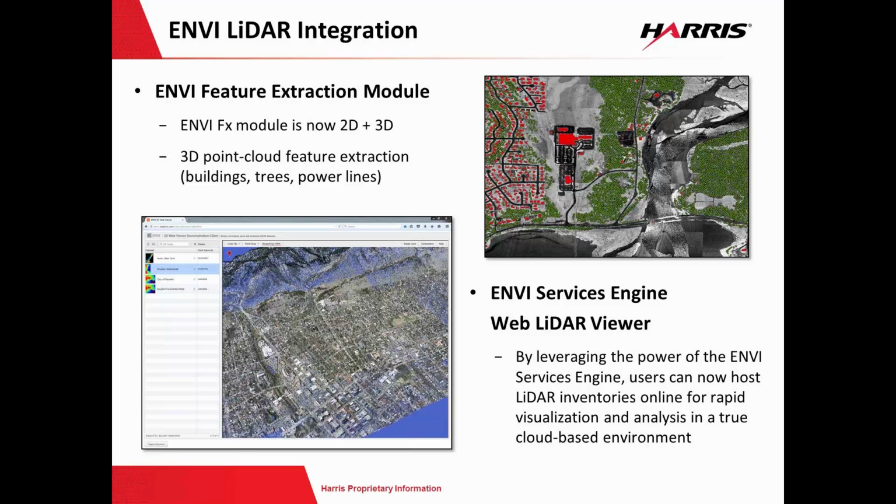The ENVI feature extraction module was formerly capable of doing object-based feature extraction from two-dimensional raster data. Well, now it's 3D, so in addition to doing the object-based feature extraction from raster imagery, we can now extract three-dimensional features like buildings, trees, and power lines from our point cloud data.